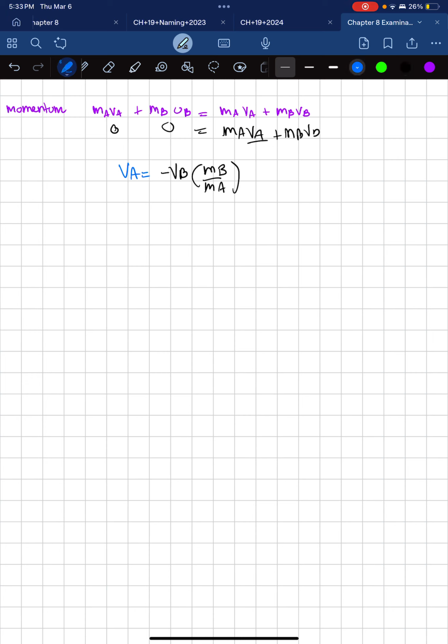Let's go ahead and put that down. So the mass of the glitter B is gonna be 0.5, and the other one is gonna be 0.25. This is gonna be vB over vA. Okay.